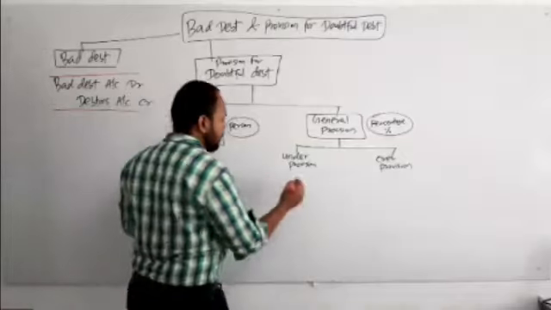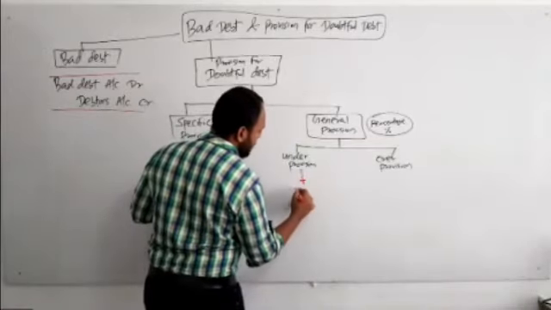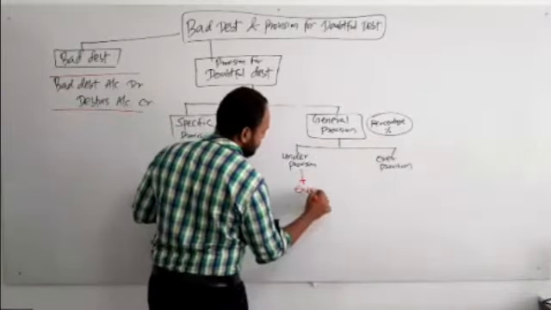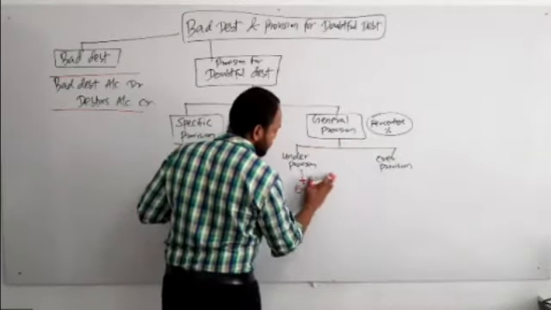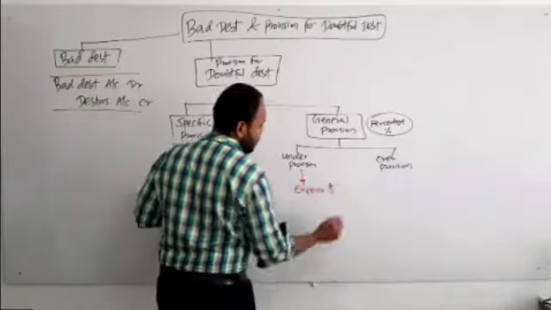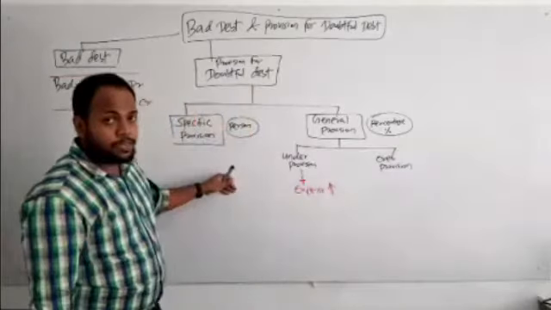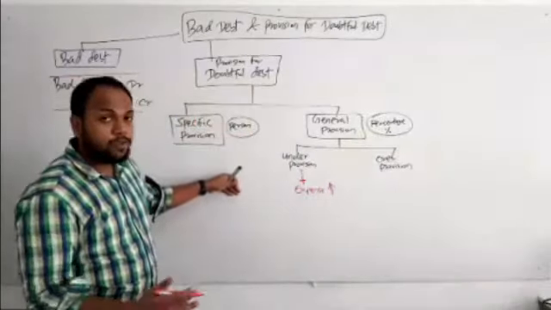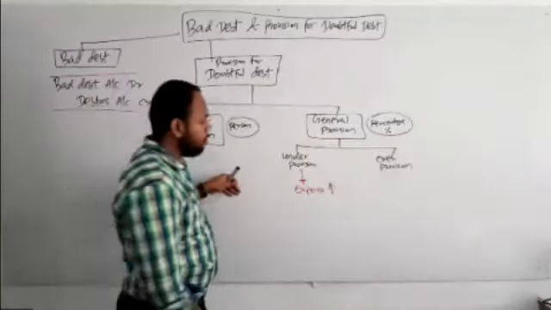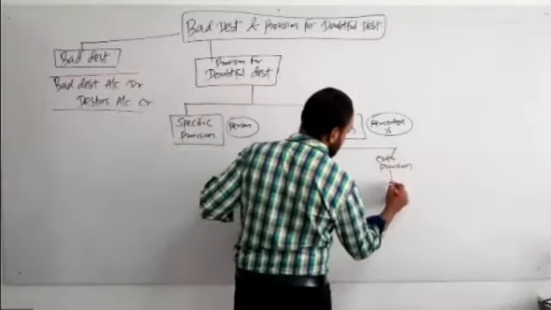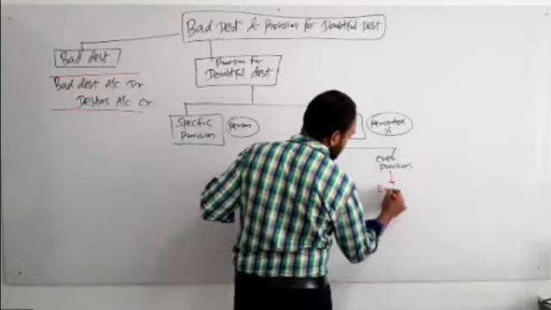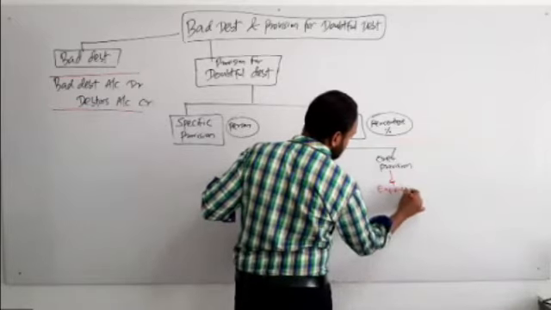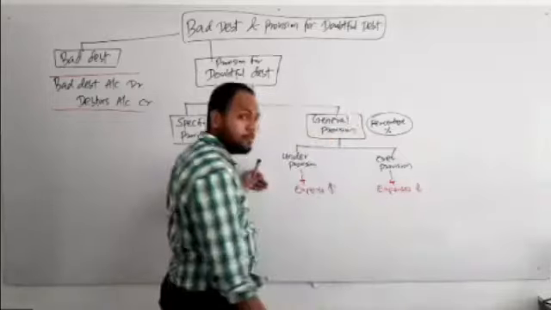If it is under provision, this is an expense. Under provision means expenses will increase. Over provision means expenses will decrease.